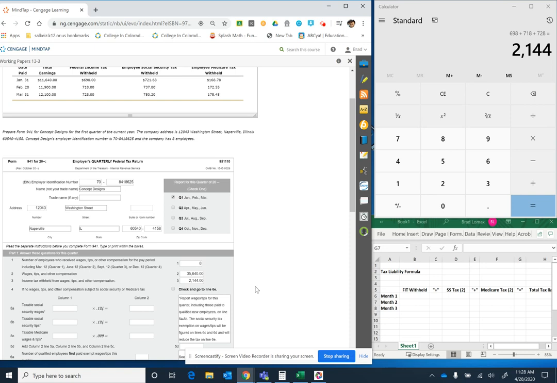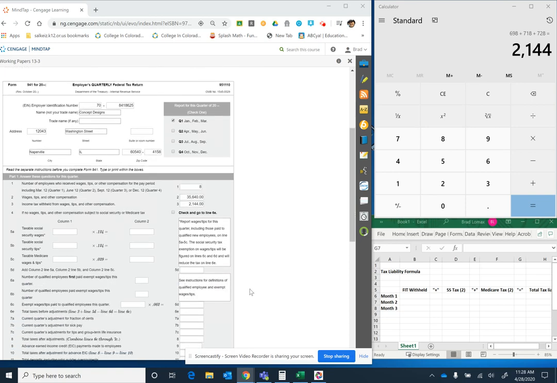Great. Okay, so the next thing we've got is, if no other wages, tips, or compensation are subject to Social Security or Medicare tax, we're not going to check that off. We're just going to move on to the next line. The next thing we've got is our taxable Social Security wages. This is how much we could possibly be taxed on. So we're going to take this amount, $35,640. We have an opportunity to be taxed on that.